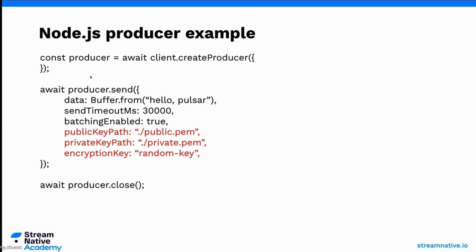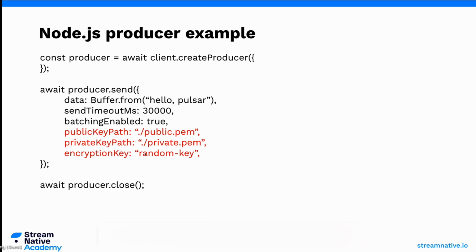So this is an example of a producer, right? You need to create a producer, and inside this you should be able to create a producer and set a property. This is an example of the same function. You can asynchronously call producer send a message, and you can send multiple messages.